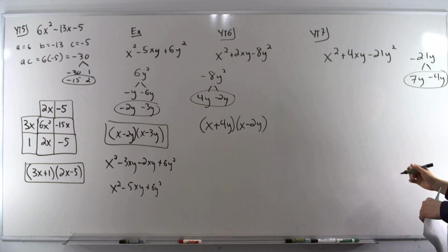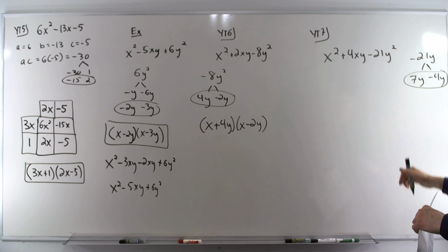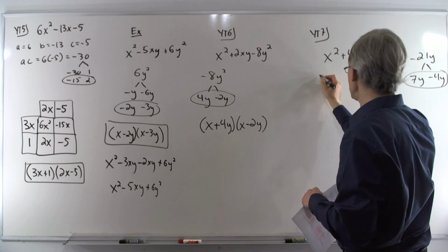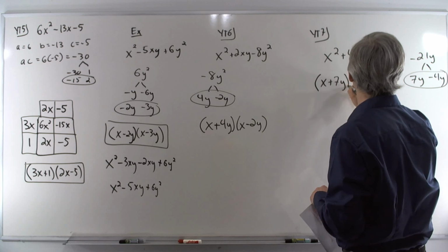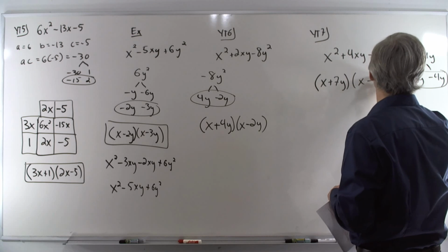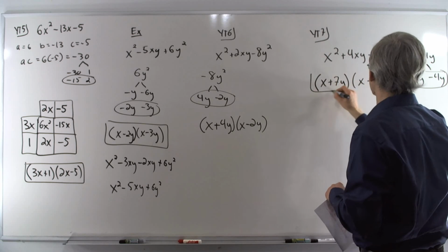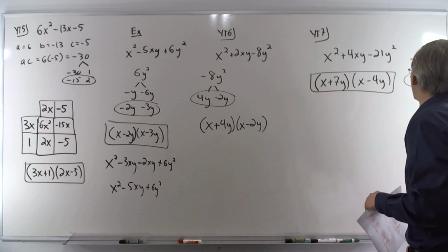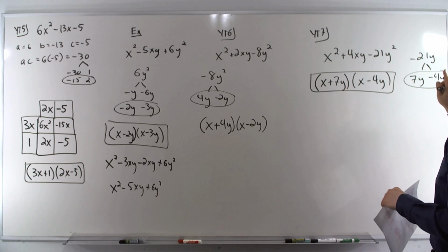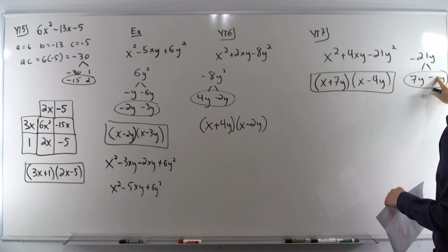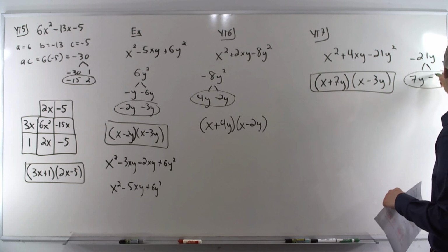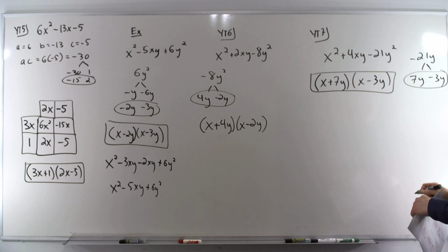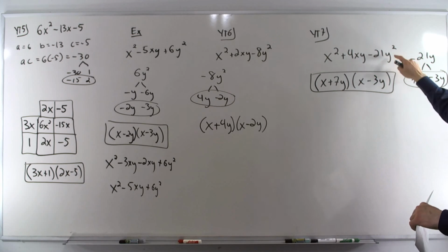And those would be negative 4y and 7y. So we get x plus 7y, and whoops, not 4, 3. There we go. Negative 3y and 7y. That's better. And when we FOIL this, we get that.